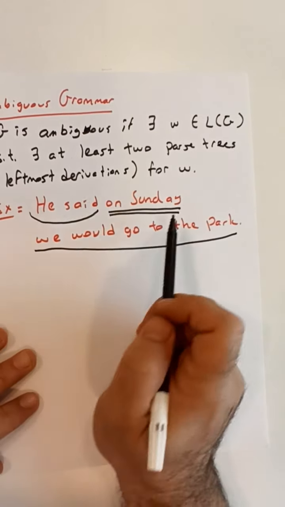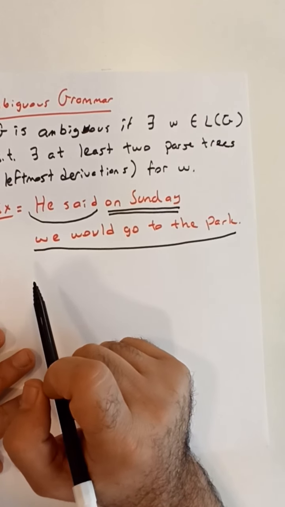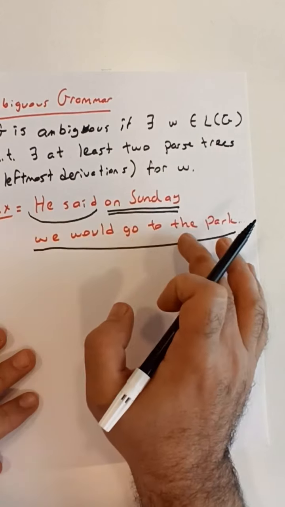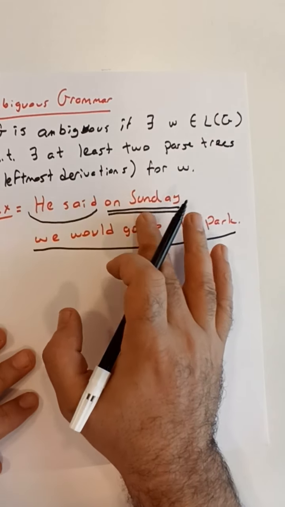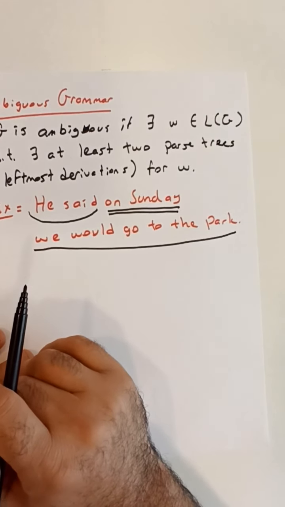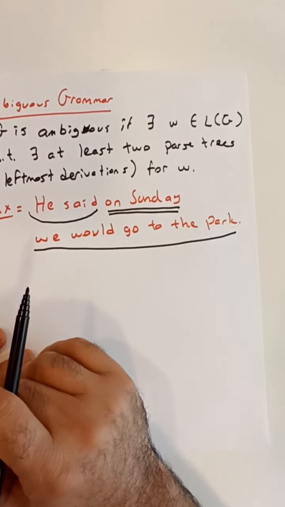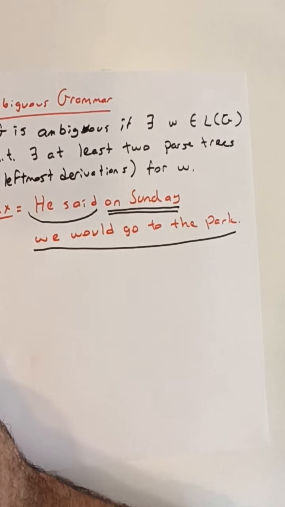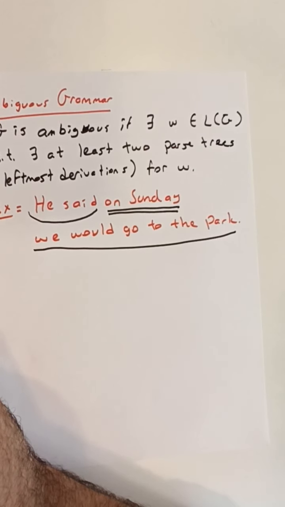So for such a sentence, depending on how we do the derivations with respect to the rules of the grammar, this sentence may have two separate interpretations. This is problematic in natural languages, but it would be even more problematic in programming languages.